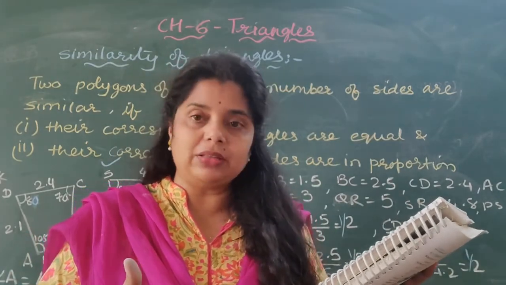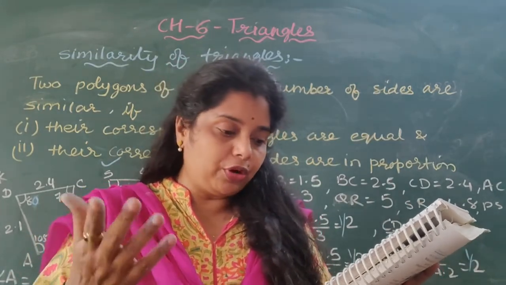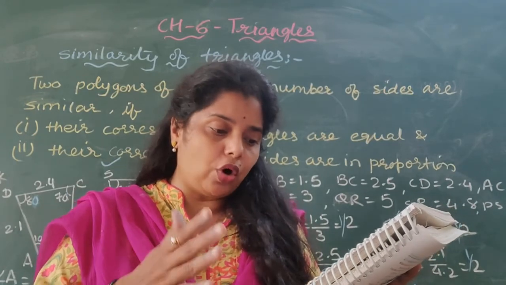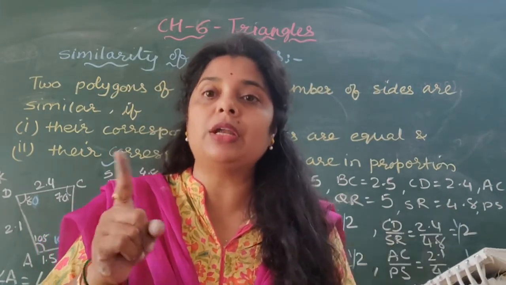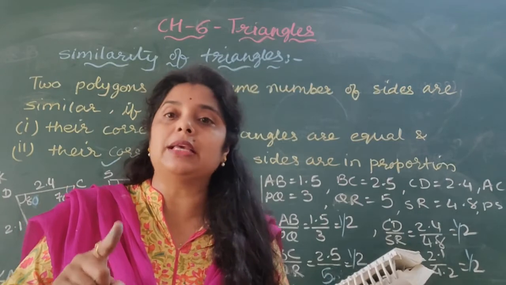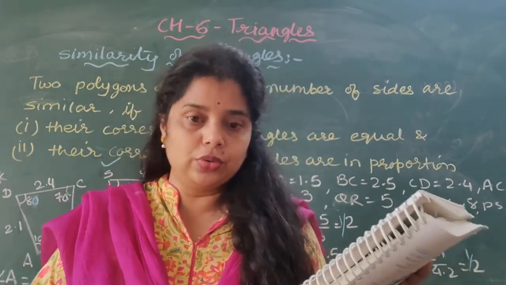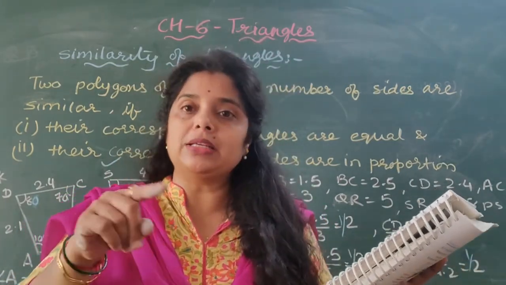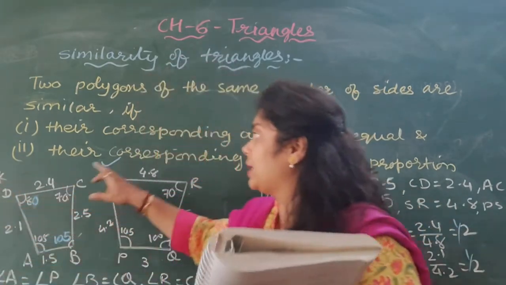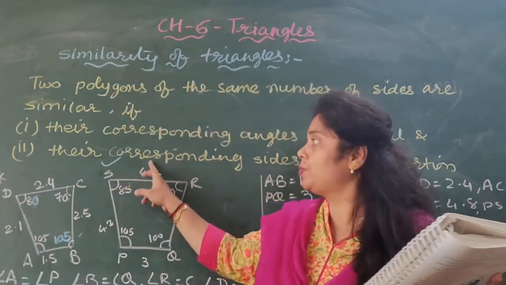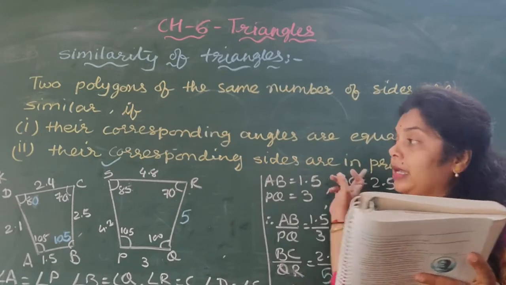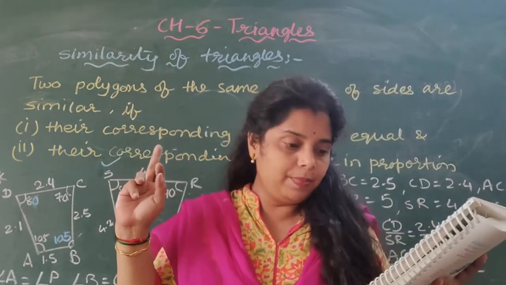So 1.5 by 3, again 1 by 2. 1.5 by 3, again 1 by 2. So all the corresponding sides are in the same ratio, all the ratios we get are 1 by 2. Okay, so the second condition is fulfilled.